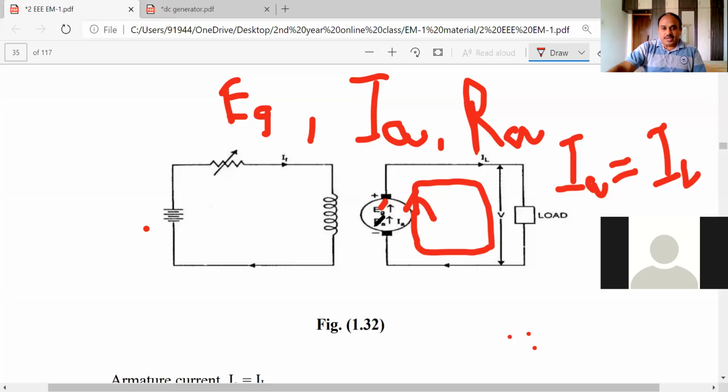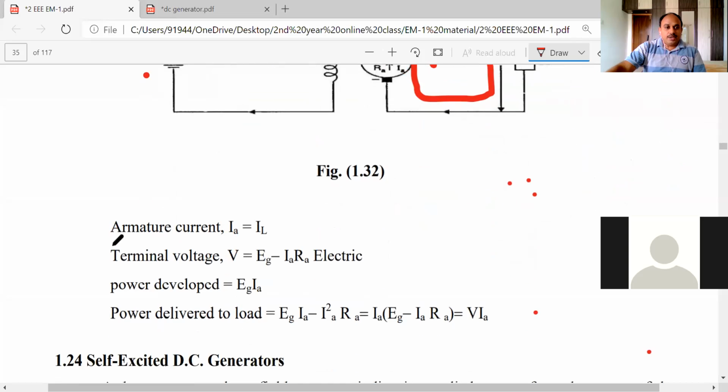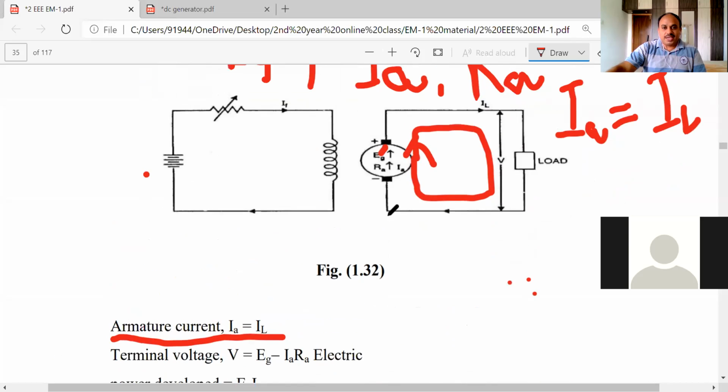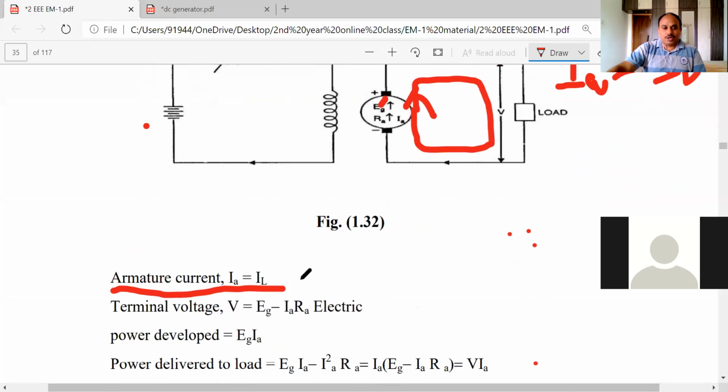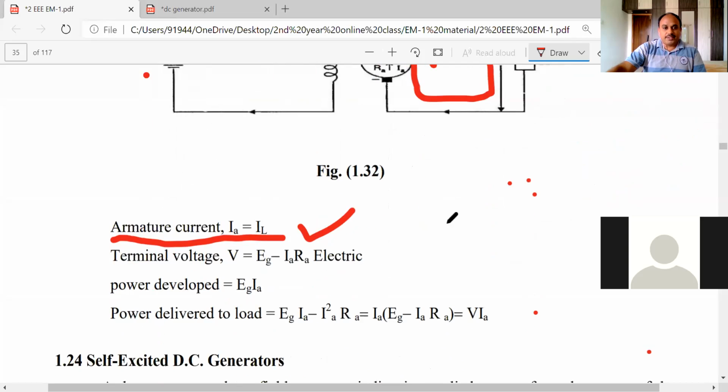Why? Because this is a single loop with no other paths for the current to flow, so the currents are the same. This is the equation.